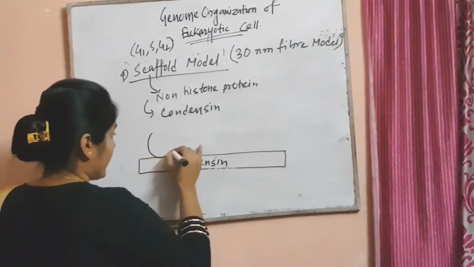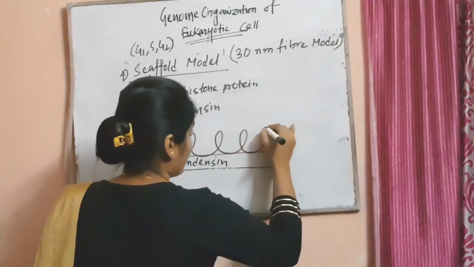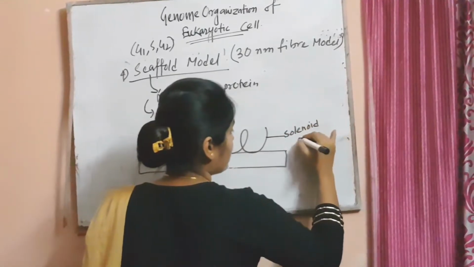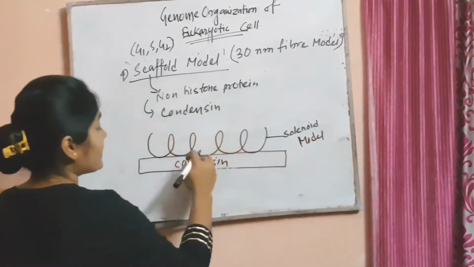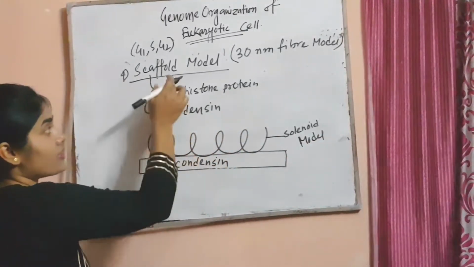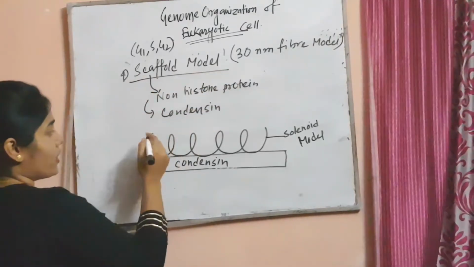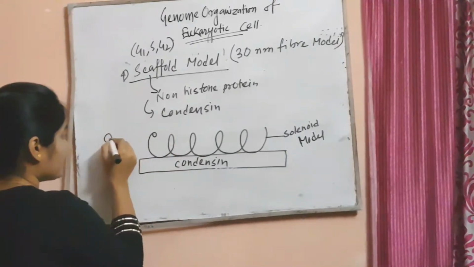It is the helical conformation like that, and this portion is the solenoid. When the solenoid model interacts with the condensin protein, which is a scaffold protein, it is known as the scaffold model.